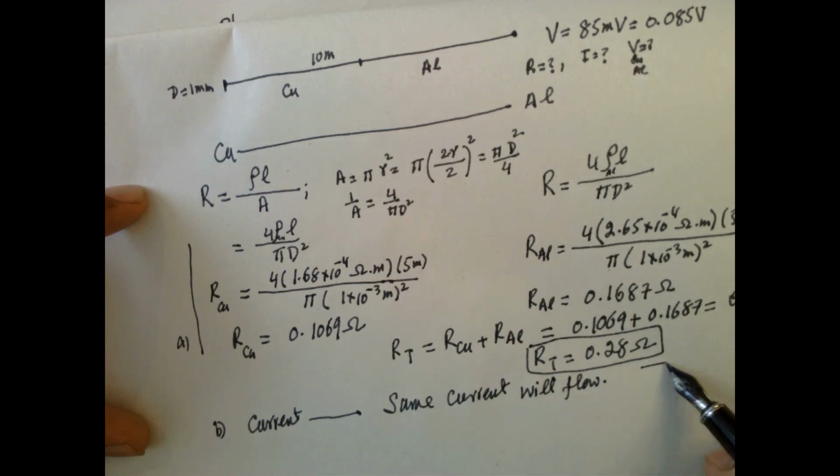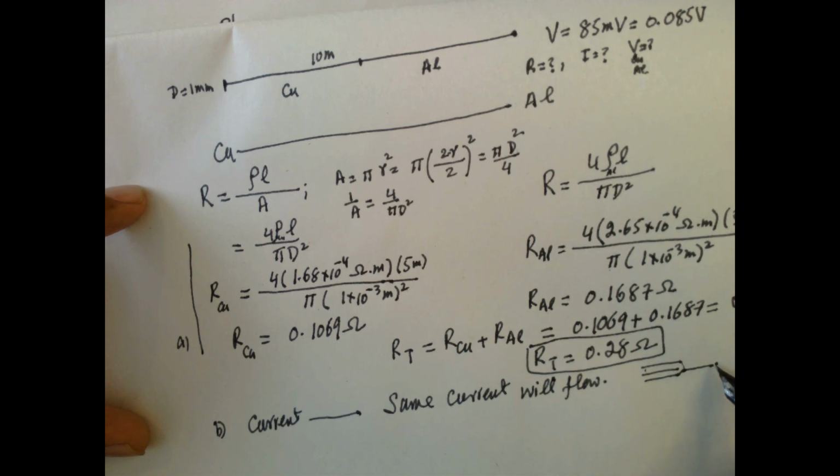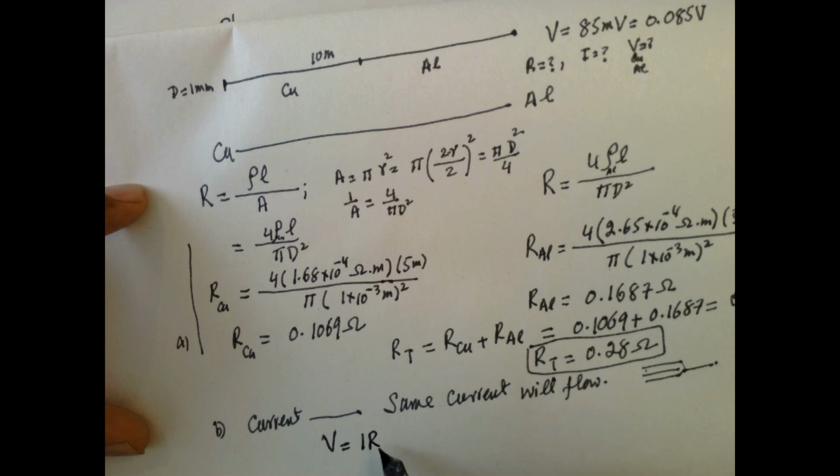It's like a road of 3 lanes, and then a 1 lane, and the flow will be restricted to this one. Whatever the traffic is, it will be the same. So V is equal to IR, so the current is equal to V over R total.